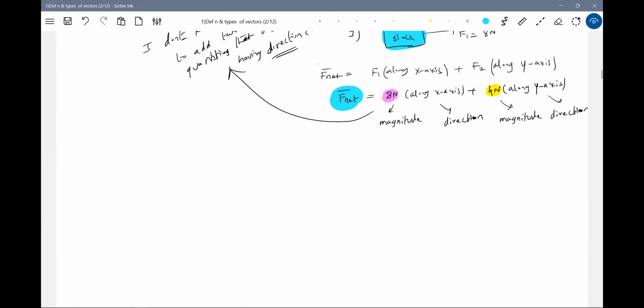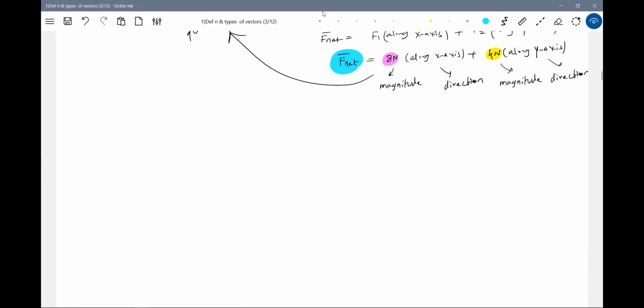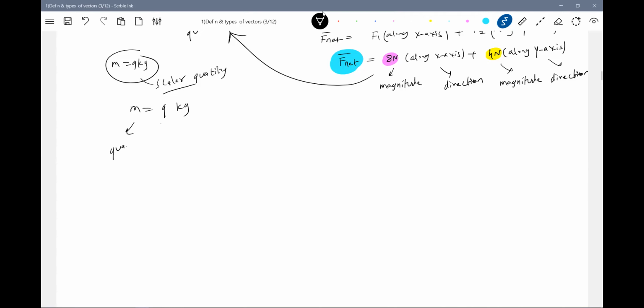So I was saying about vectors. How do you represent them? Scalar we know. Suppose a mass is equal to 9 kg. This is quite easy because it's a scalar. We know how to represent a scalar quantity. 9 is the magnitude, kg is the unit. If I write 9 kg, this is the physical quantity.